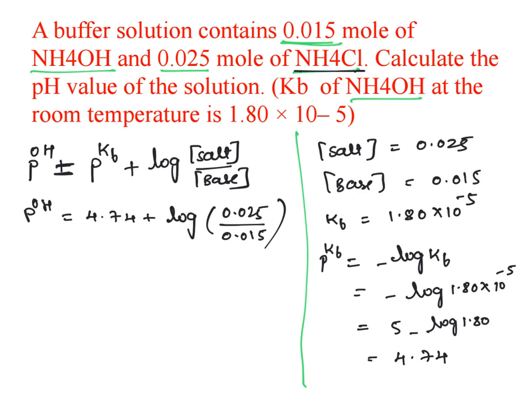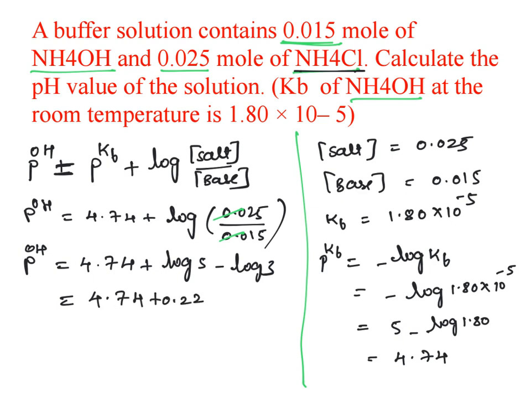Here I can cancel, that is 5 by 3. pOH equals 4.74 plus log 5 minus log 3, which is 4.74 plus 0.22, and overall it becomes 4.961.